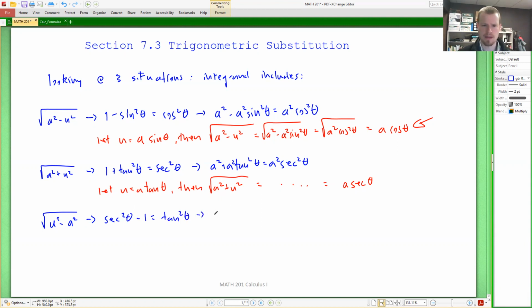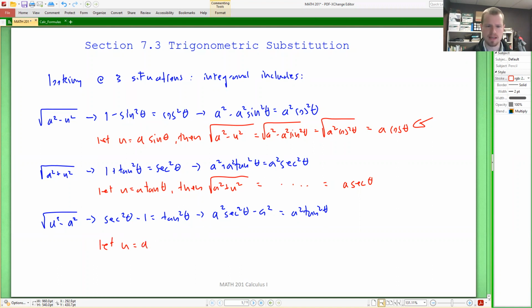And again, multiplying by a squared gives us a squared secant squared theta minus a squared. So we have a variable minus a number. This is going to be equal to a squared tangent squared theta. And then, of course, finally, we have variable squared minus a squared, so we want this variable squared.